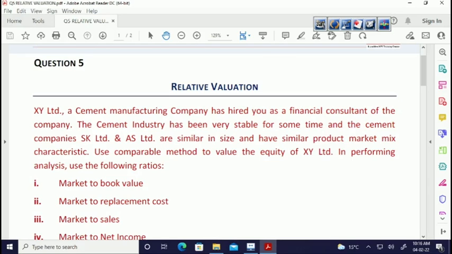The cement industry has been very stable for some time, and cement companies SK and AS are similar in size and have similar product market mix characteristics. So we have to value XY, that is the subject company, and the comparable companies are SK and AS. You know that in relative valuation, we try to value a company based on how peer companies are valued. Use comparable method to value the equity of XY in performing analysis. Use the following ratios.